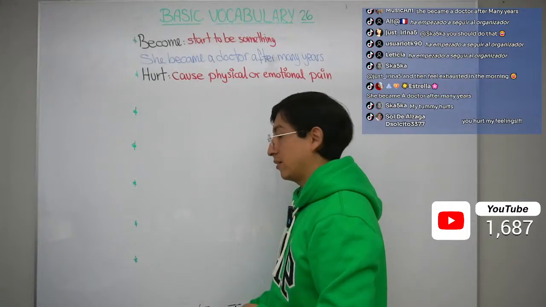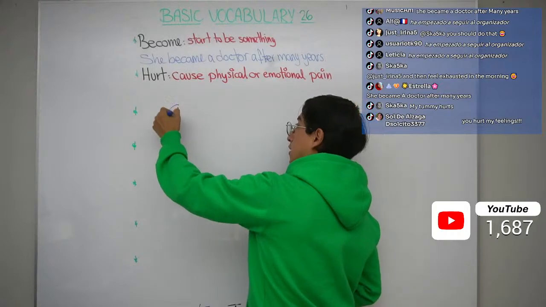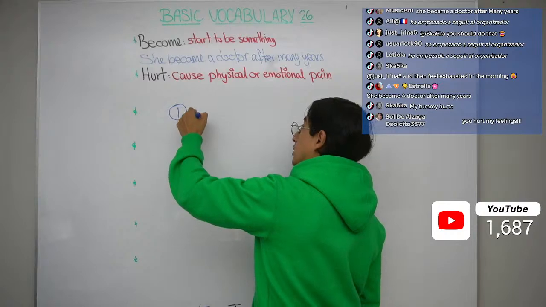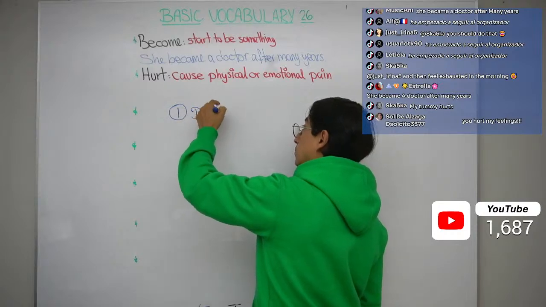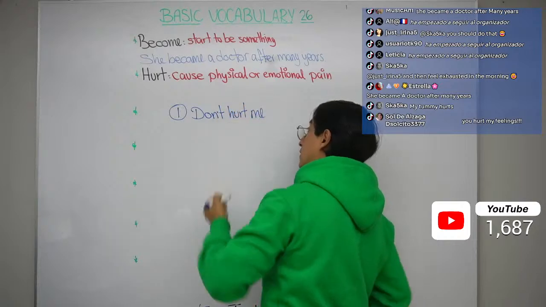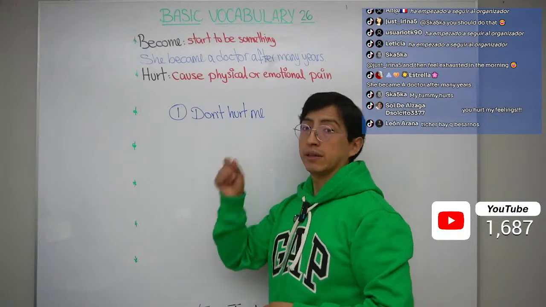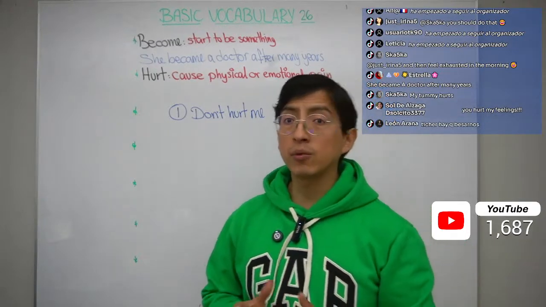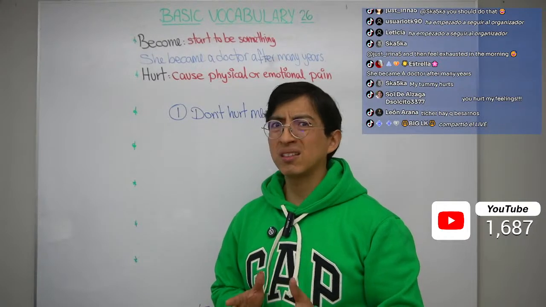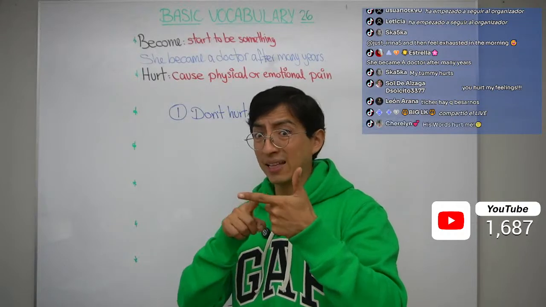So, let's start talking about this word. Okay? First sentence, number 1. We can say, for example, don't hurt me. Yes, don't hurt me. This is a very common phrase that we use when somebody is threatening us. For example, maybe somebody that has a gun.